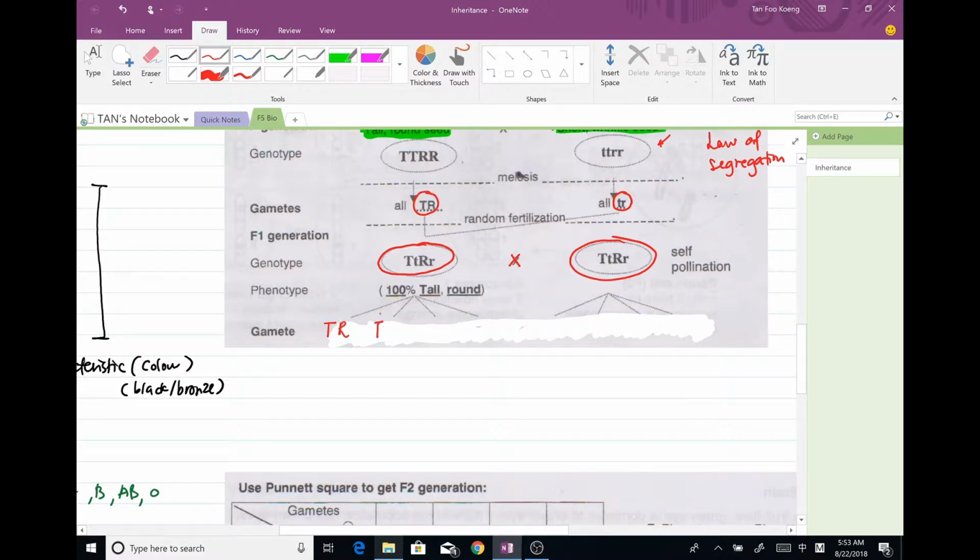Big T can also combine with small r to form another gamete. Small t can also form a gamete with big R and with small r. So this gives rise to the 4 possibilities of the gametes.